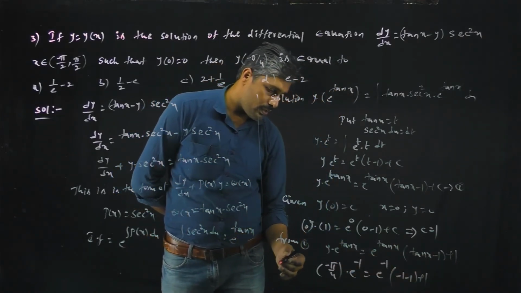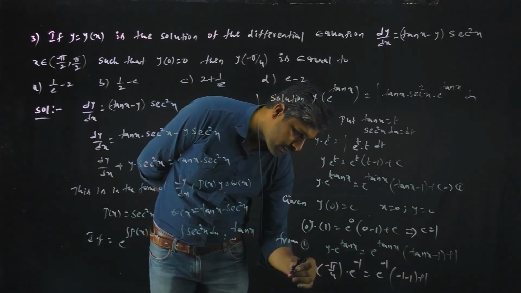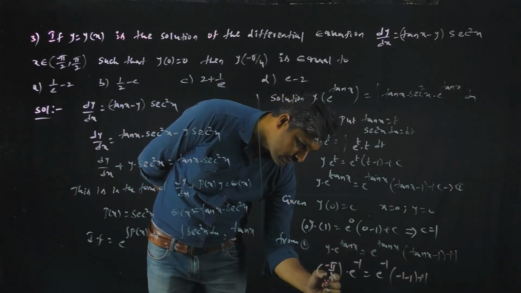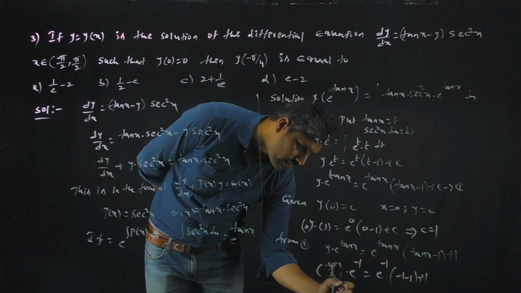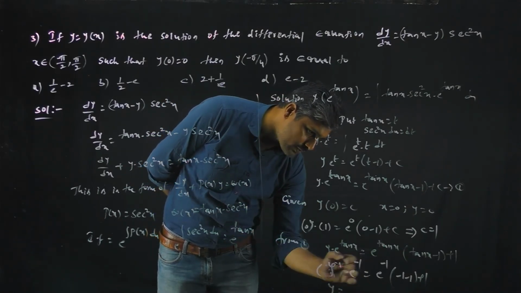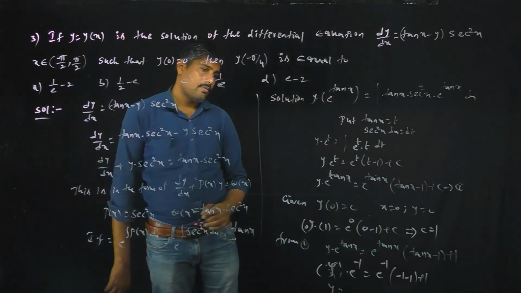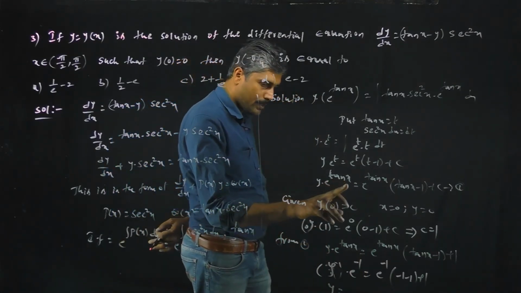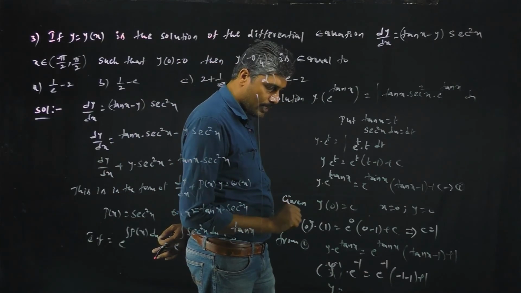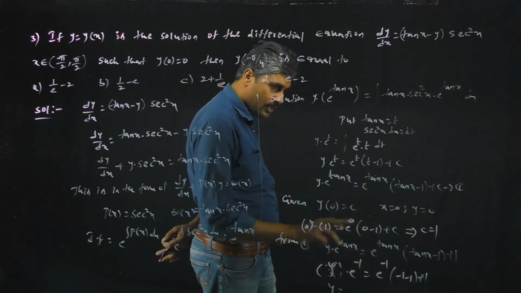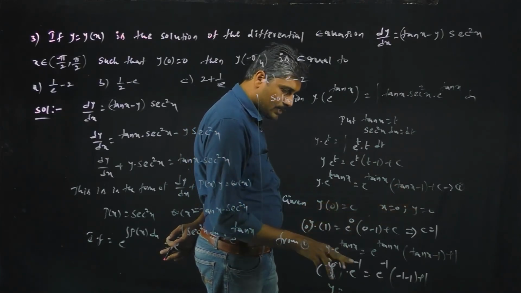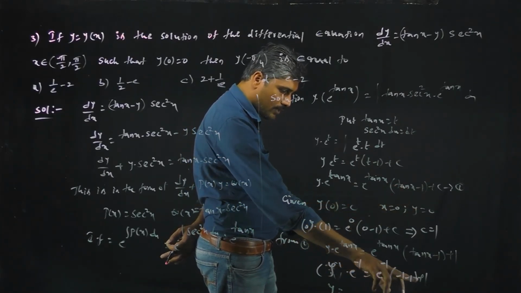We want only y. Here tan of minus pi by 4 is minus 1. Then it is minus 1 minus 1 plus 1.